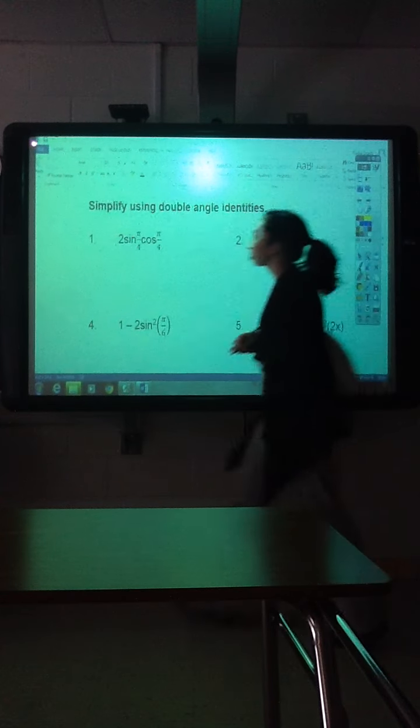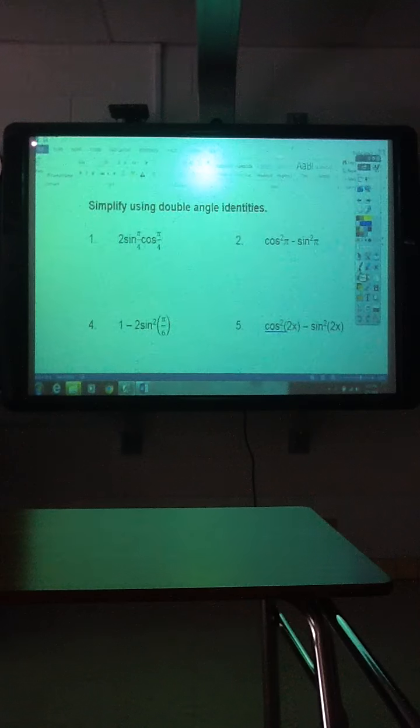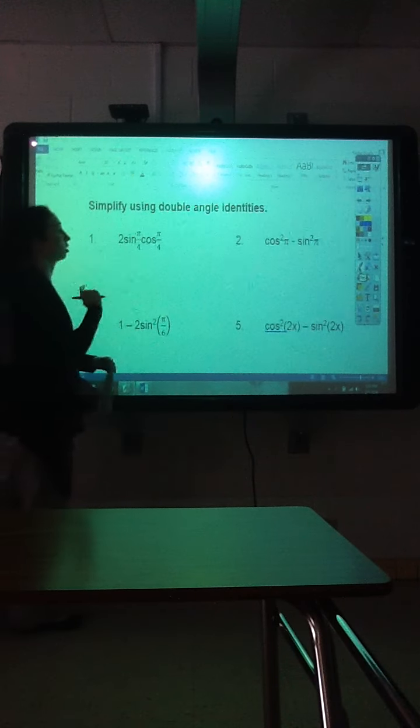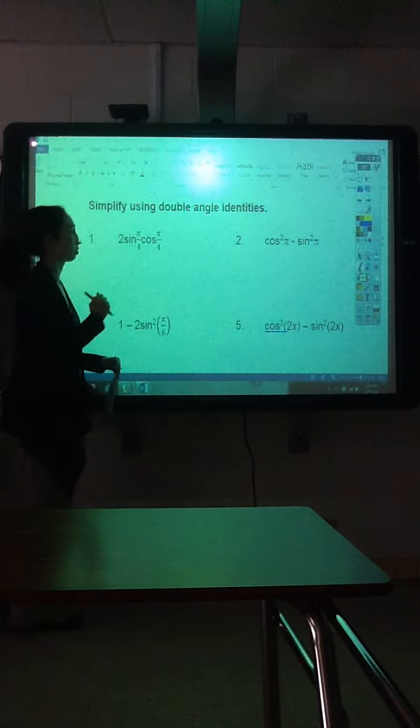Alright, the first one is 2 sine pi over 4 cosine pi over 4. So what you should be noticing here is that there are no real double angles. It's not like it's a 2 theta that's in there right now. But what this does look like immediately in my mind is the sine double angle formula.